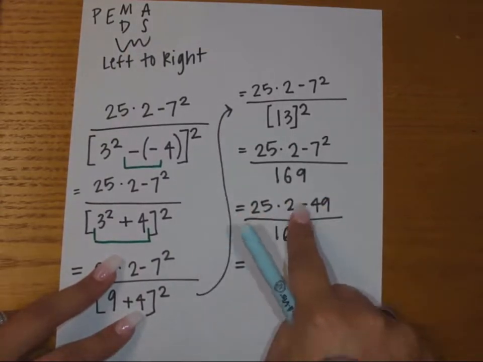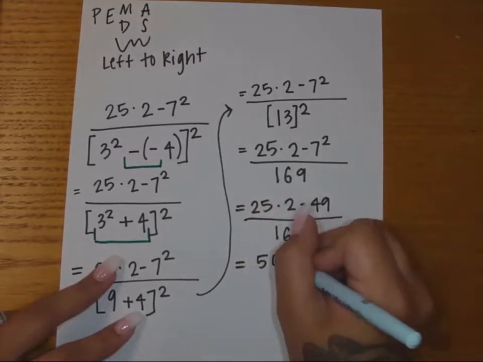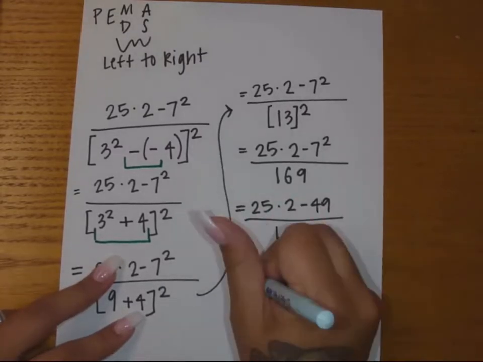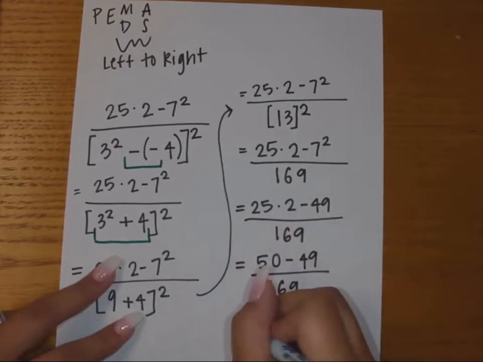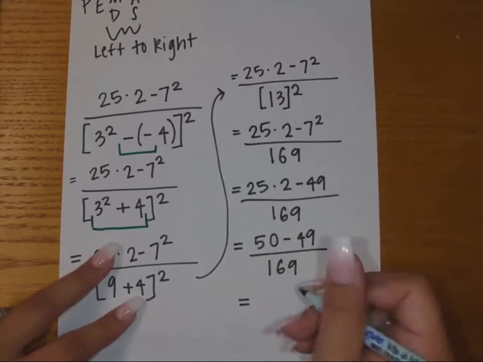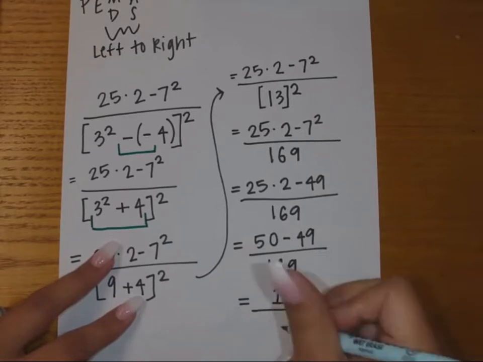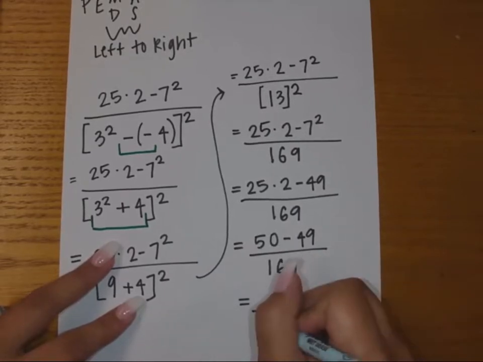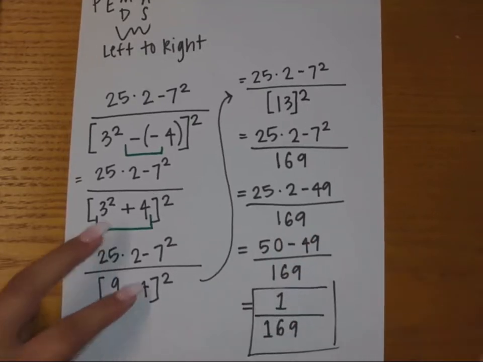So we would have 25 times 2, which is 50, minus 49 over 169. Then doing that subtraction, 50 minus 49, we get 1, so 1 over 169 as our final answer following the order of operations.